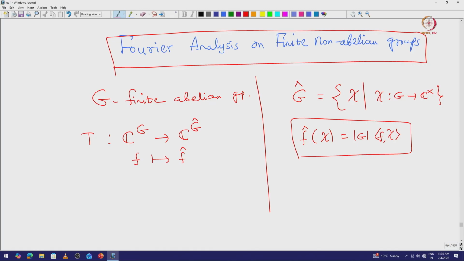The main realization is that this G hat can be identified with the set of irreducible representations of G. So, the best thing to do is replace G hat by the set of irreducible representations, and then we need to consider functions on the representations.